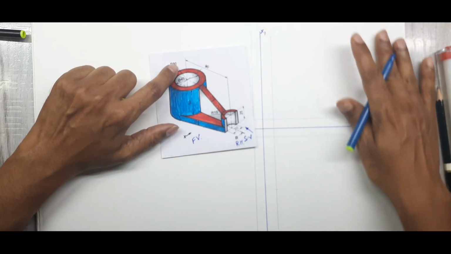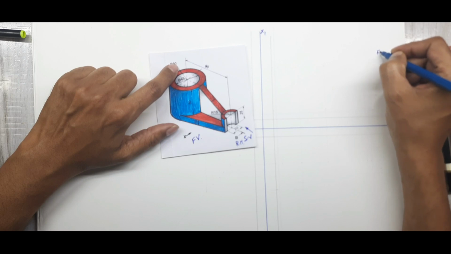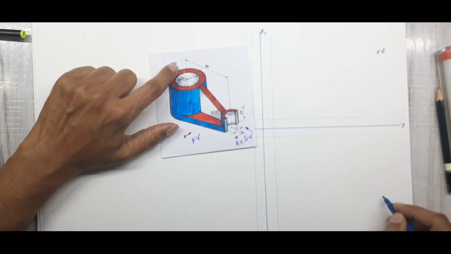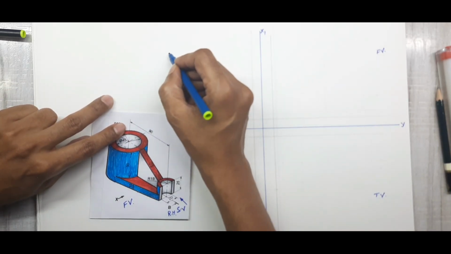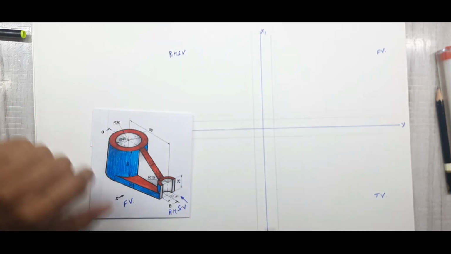This is the layout where we are drawing the front view. Below this, in the first angle method projections, we are drawing the top view, and the right hand side will go at this position, that is a profile plane, that is a right hand side view.